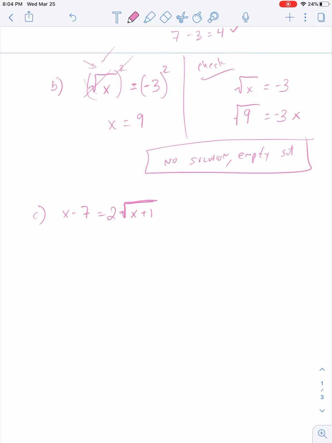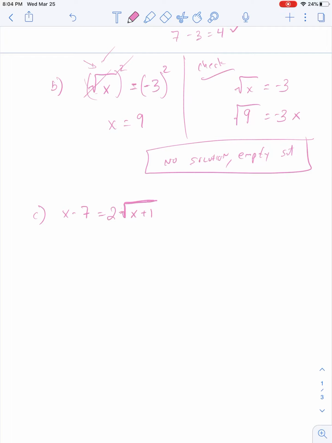We can, if we want to, divide both sides by 2 to really isolate it. But if I divide by 2, I'm left with the fraction. So I don't like that fraction, so I'm just going to go ahead and just work with it like that. I'm going to say the radical is almost by itself here. I do have this 2 in the front, but that's okay. I just don't want to work with fractions.